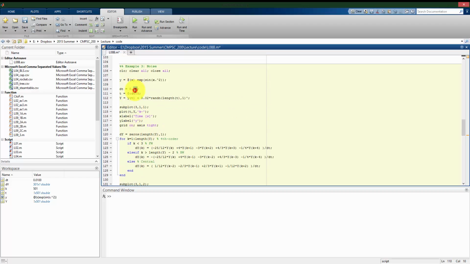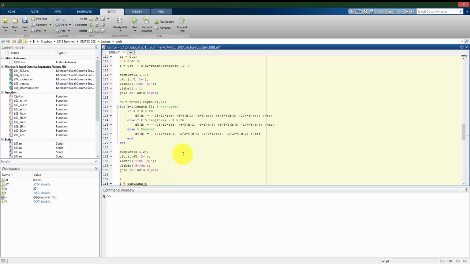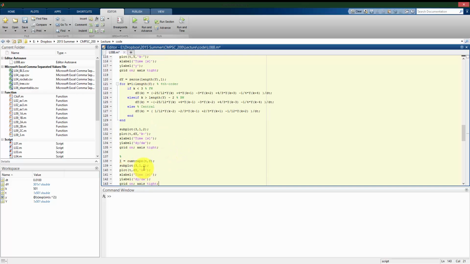And again, let me start sampling slower and see how this is affected. So my independent variable here is going to be t. My dependent variable is going to be y. And here I will plot in the 3rd spot my integral, so the integral of y dt.